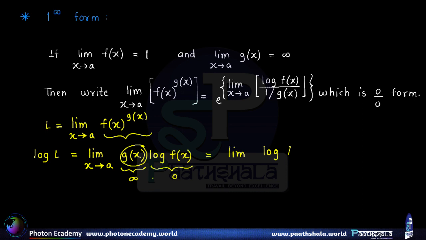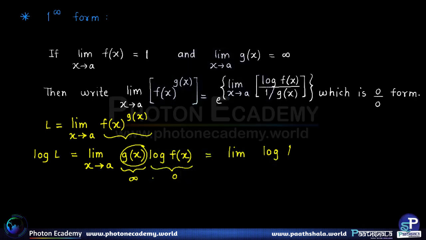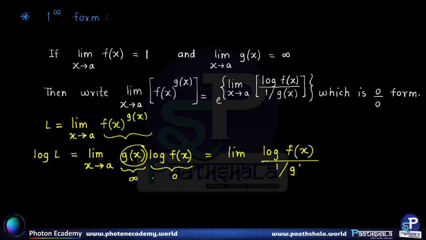So log of f(x) whole divided by, now g(x) is taken to the denominator of the denominator, so that is 1 upon g(x), and the limit is taken as x tends to a.